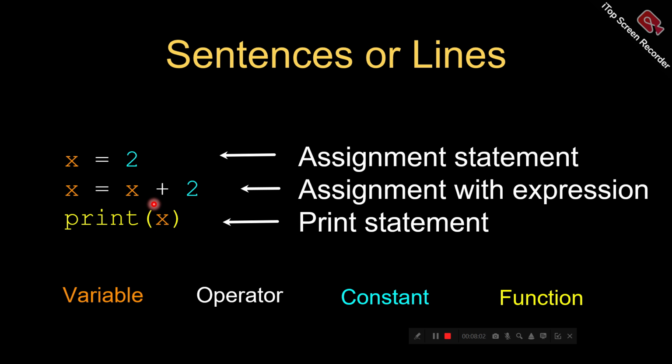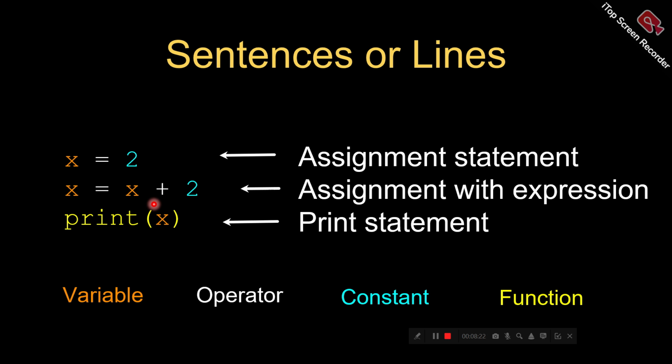If you want to assign a new value to the same variable or a new variable using the previously assigned value or variable and adding some operator or doing some calculation, we call it an assignment with an expression.